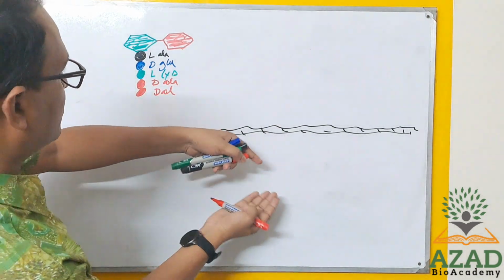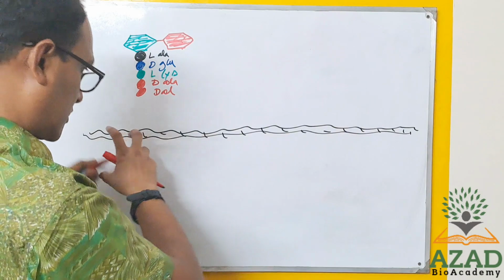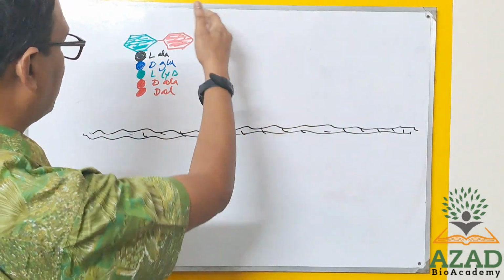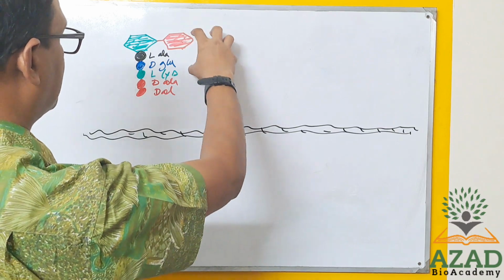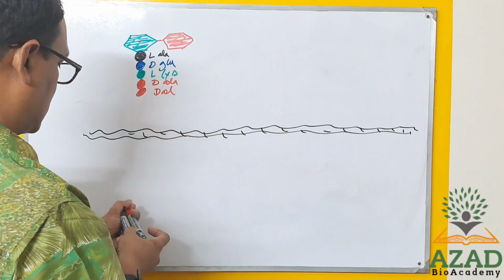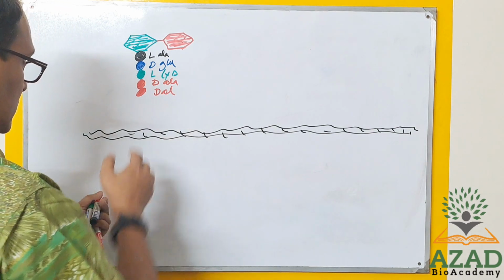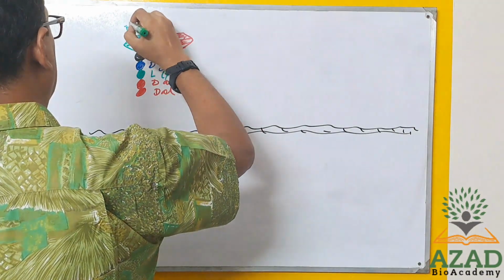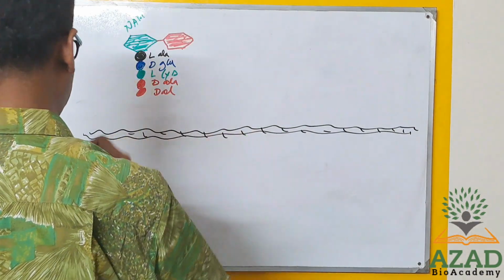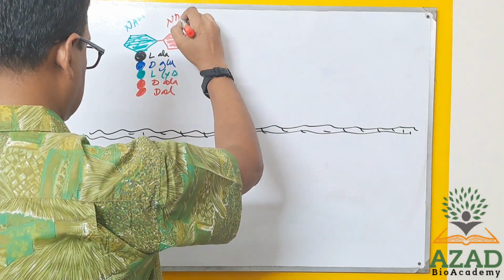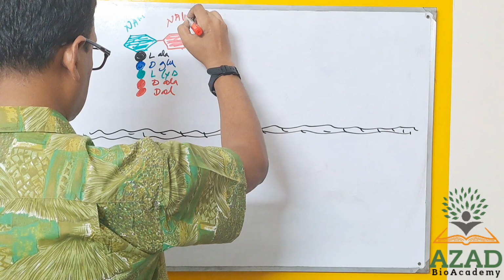Another unit will come up by the flippase, and that unit will attach here. So you can add here N-acetyl muramic acid, and this is N-acetyl glucosamine.